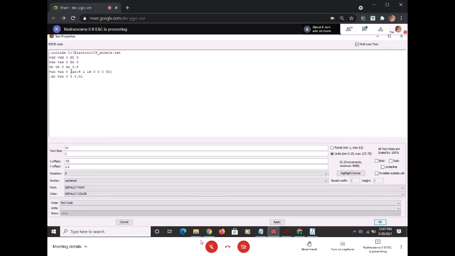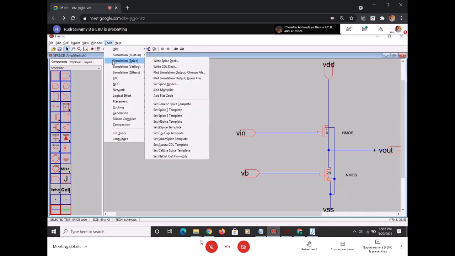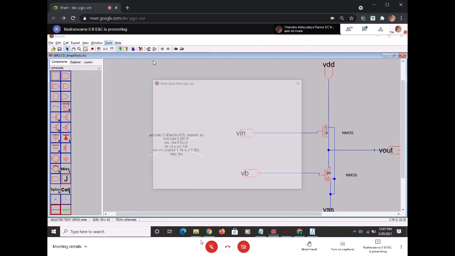Then I'll do the transient analysis, dot tran 0 to 5 milli, or I can go with 3 cycles. So this is what my transient analysis is all about, and then I'll run this simulation.